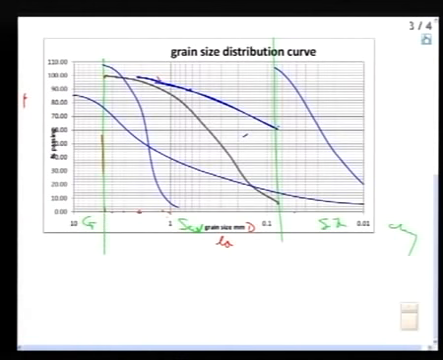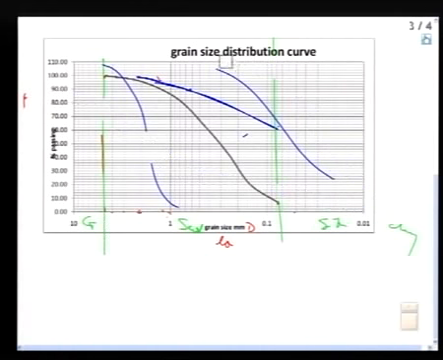If we have this, I have half sand and half silt. You see? So this is the first thing.